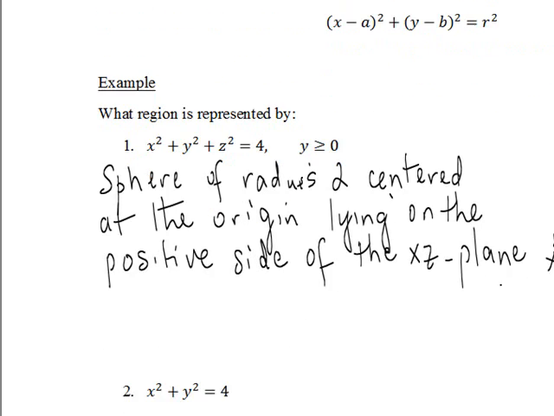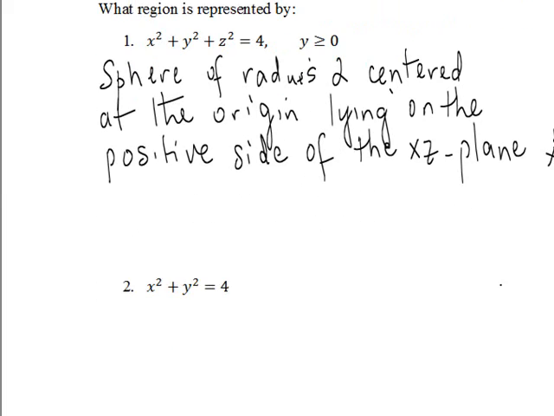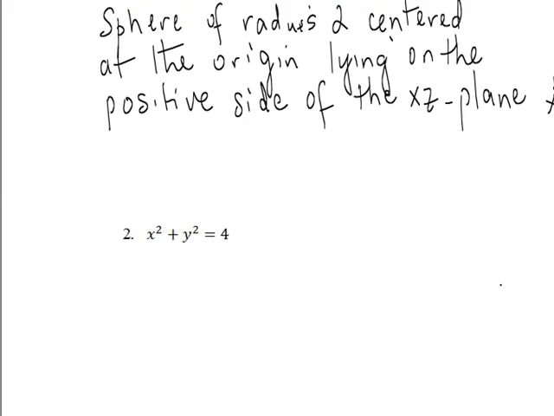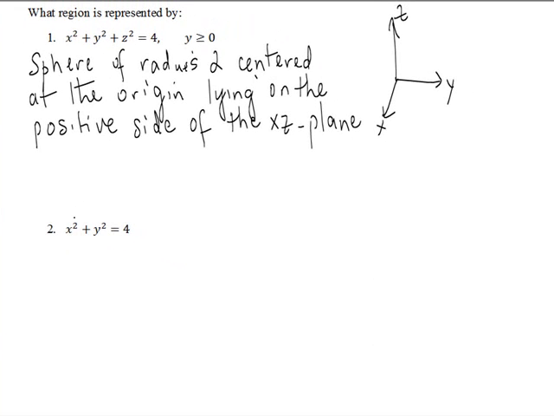Let's look at number 2. x squared plus y squared equals 4. This is a cylinder. But let's see why. There's no restriction on the z, right? If there's no z there, that means there's no restriction on the z. Now, if this was not in 3D, how would you describe that equation?